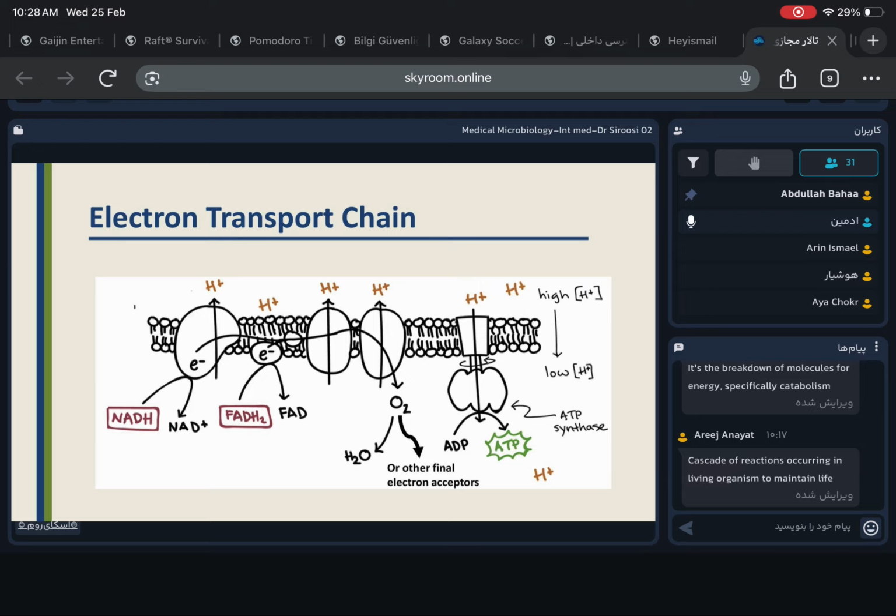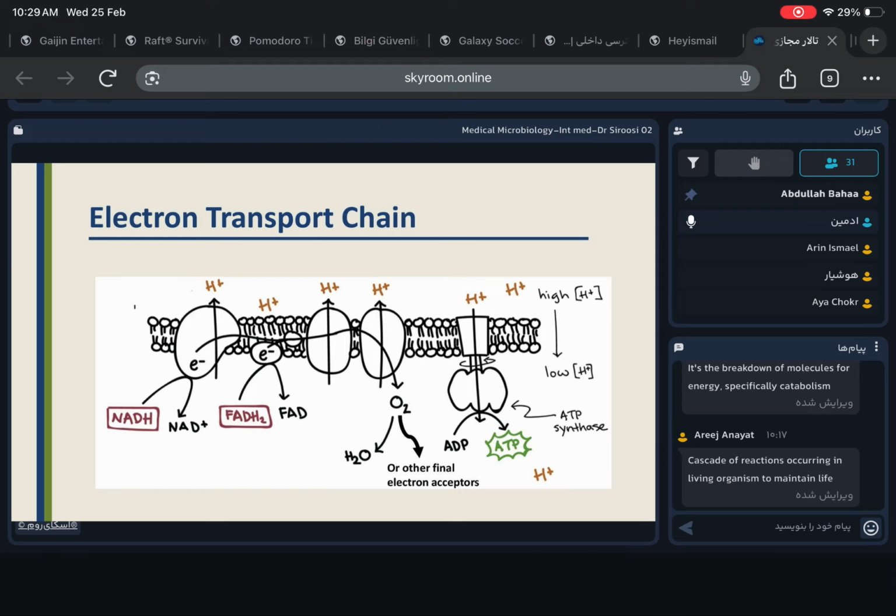NADH and FADH2 donate their electrons to this chain, and the electrons flow down, and their energy is used to pump protons, or H plus, out of the cytoplasm of the cell to the outside of the cytoplasmic membrane, as you can see. So the energy of the electrons is used to pump out the H plus or protons.